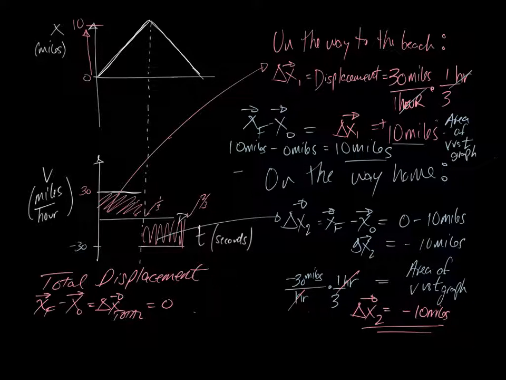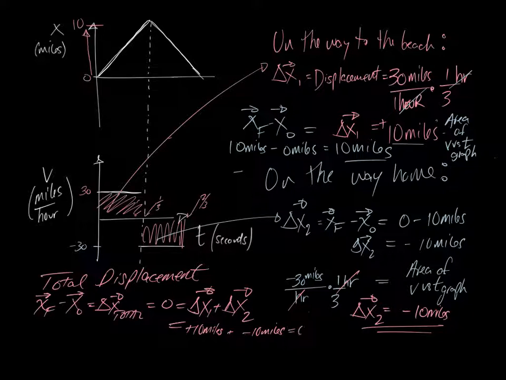Another way to do it is I can say that my displacement on the way there can add to my displacement on the way back. Well, on the way there, it's positive 10 miles plus negative 10 miles, and I still get 0 miles. That's for my total displacement. Okay?